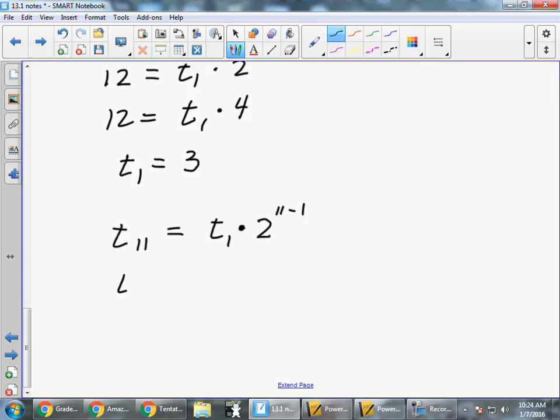So then we're saying T sub 11 equals 3 times 2 to the 10th. And you can get your neighbor to figure that one out for you. That's a bunch.